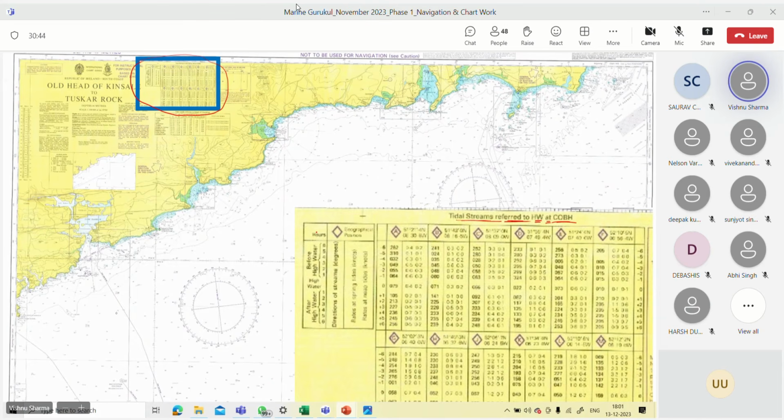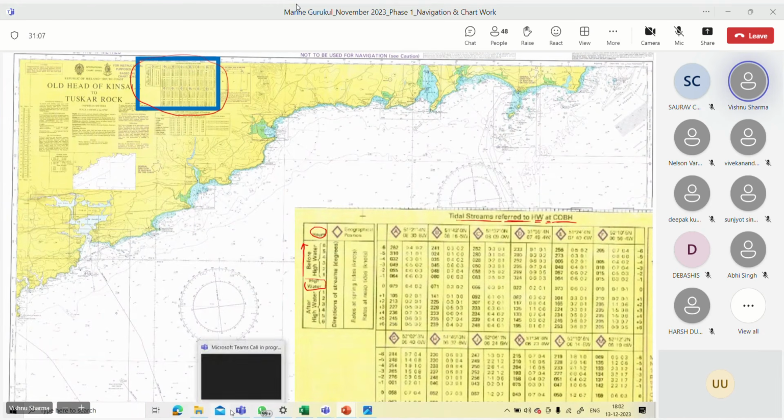In the first column, you have hours. Here you have high water at Kobe, and above this it is before: 1 hour before high water, 2 hours before high water, 3 hours before high water, like this. And below that, you have the intervals after high water, 1 to 6 hours.